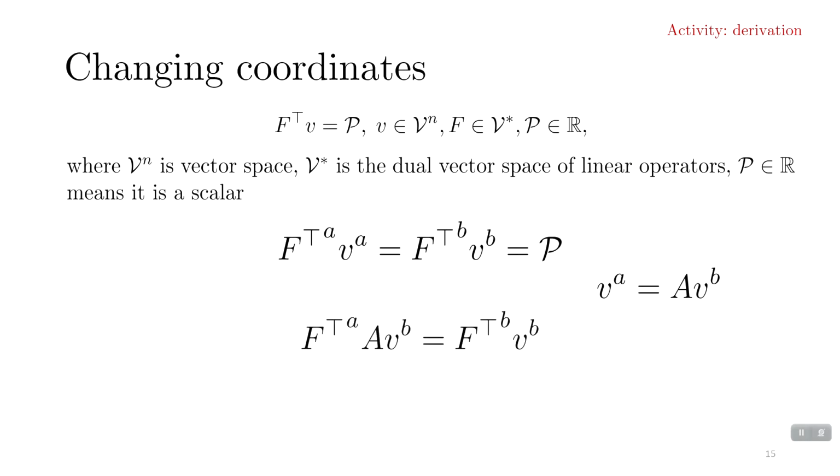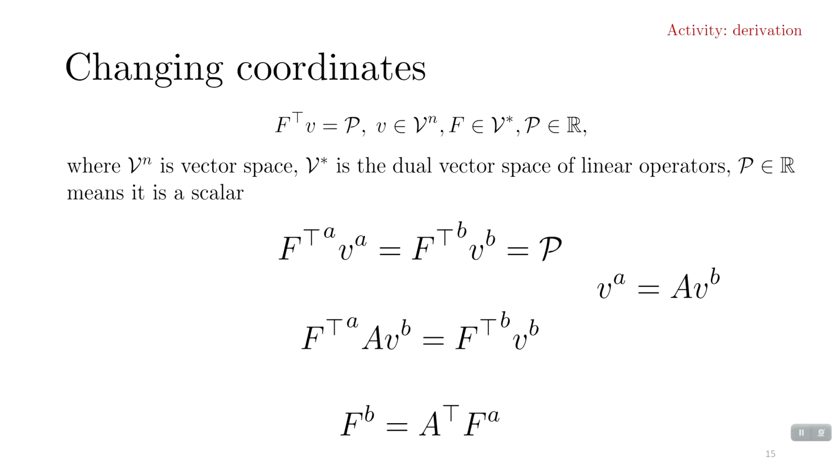We can get rid of velocity B because it's in the left and the right part. We'll be left with this, and out of that we can derive FA, right? When we do transpose AB, transpose will be B transpose A transpose, right?